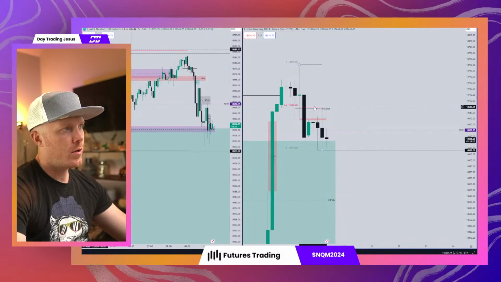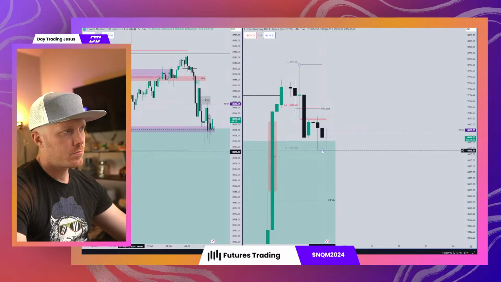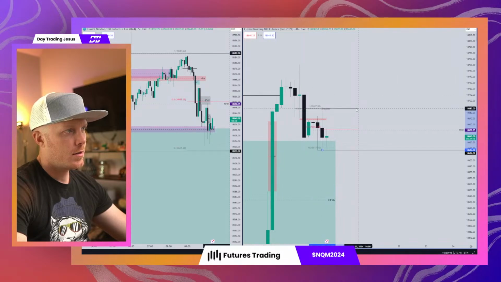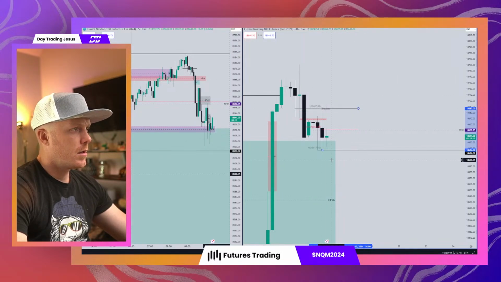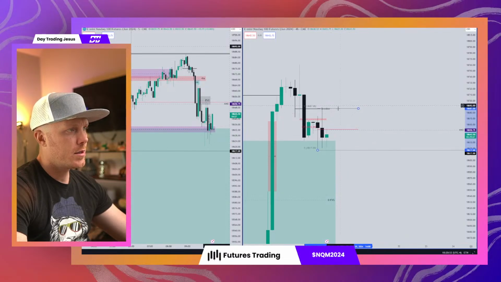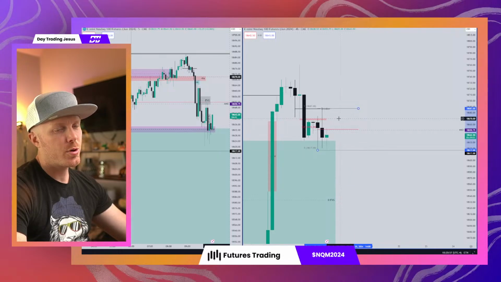This is where equilibrium's sitting at. If I'm going to go short, I'm interested in this too. Let's see what that looks like. If I'm going to go short, I really want to see price push a little bit higher and create an opportunity for us to go lower.